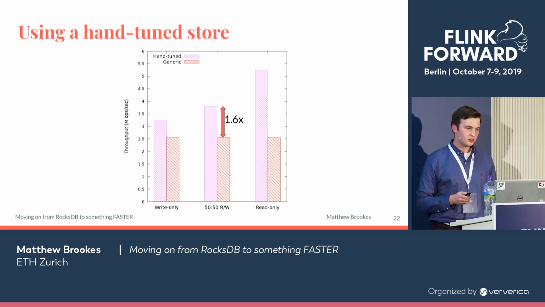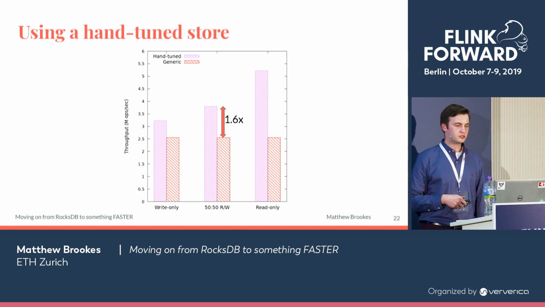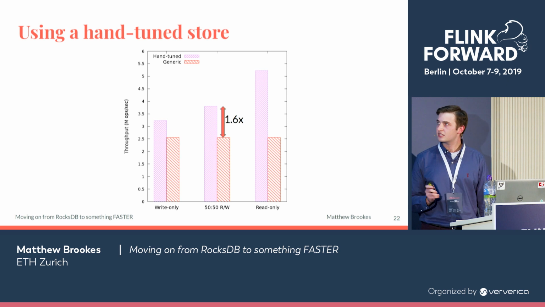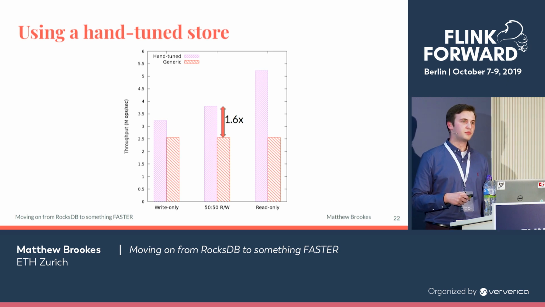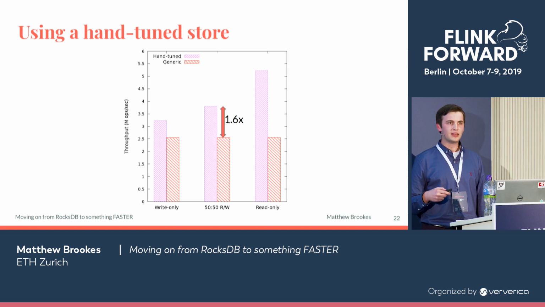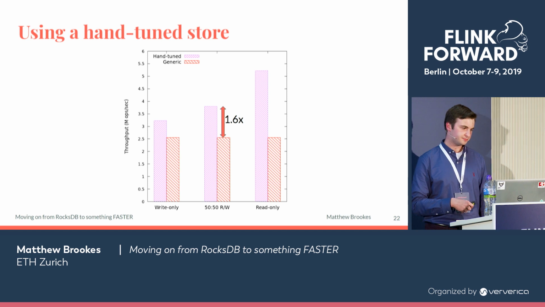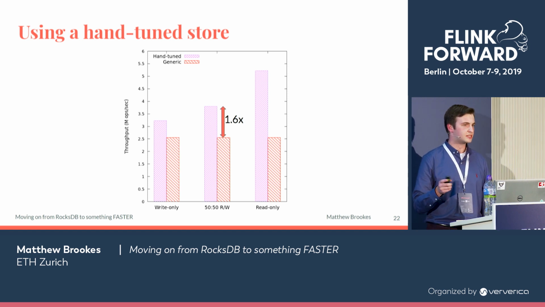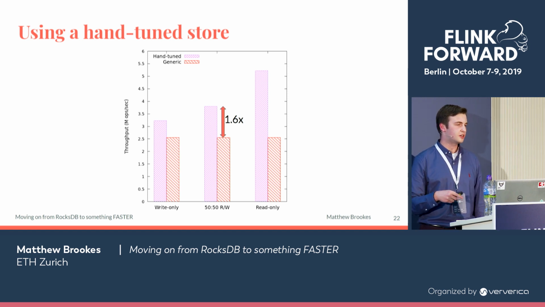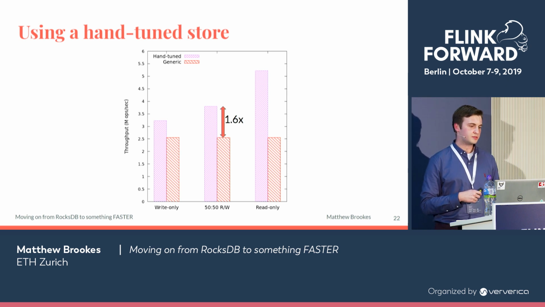And we can start looking now at the advantages of using a hand-tuned store. In this experiment, we've implemented the YCSB benchmark, which is from Yahoo. It basically is a key-value store of integers to integers. And we process a sequence of transactions just to store and read integers from the database.